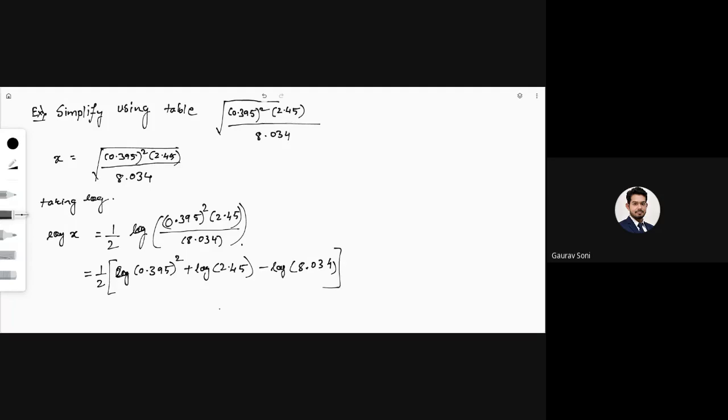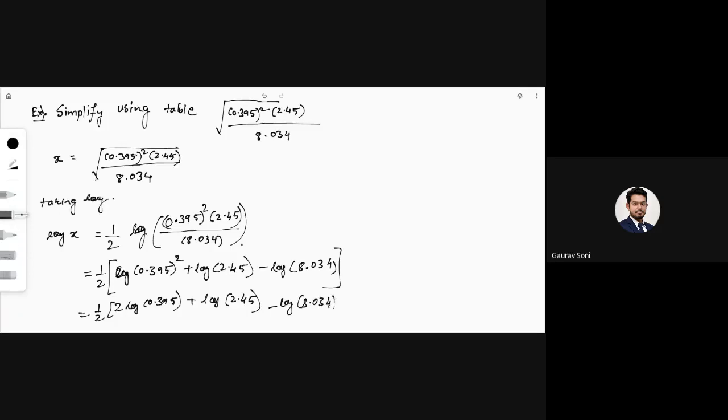Now again I can use a property over here: log of 0.395 square. So 1 by 2, 2 times log of 0.395 plus log of 2.45 minus log of 8.034.